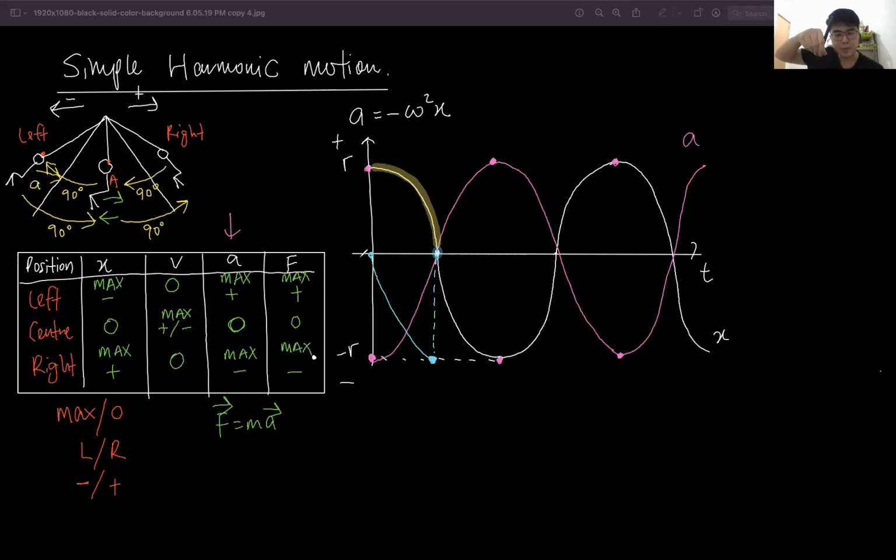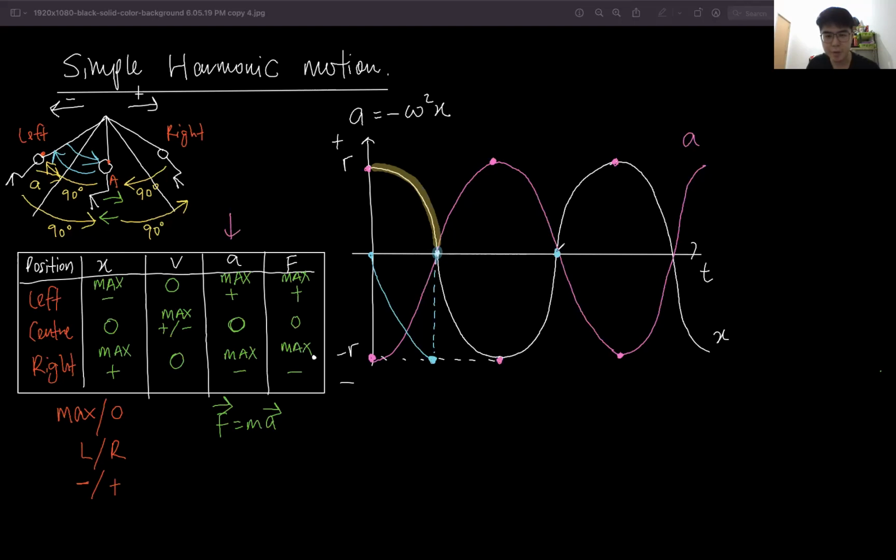Now again, see here, maximum velocity. Where is the next maximum velocity? It swings to the left, then swings back. Again, you get the maximum velocity, but this time it is facing to the right. That is a positive. So where is it? Over here, right?